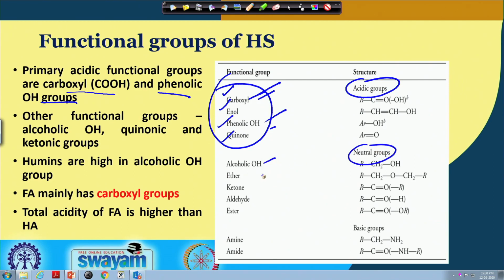In the neutral groups, alcoholic OH and then ether, ketone, aldehyde, esters are the major neutral groups, and among the basic groups, amines and amides are the major basic groups. So, these are the different groups which are present in the humic substances.